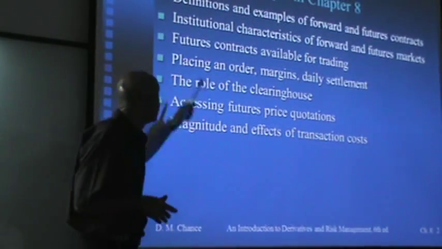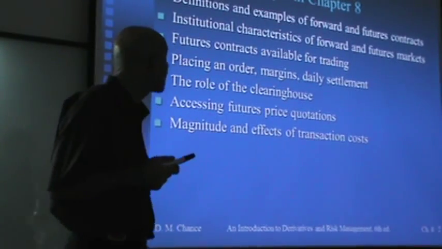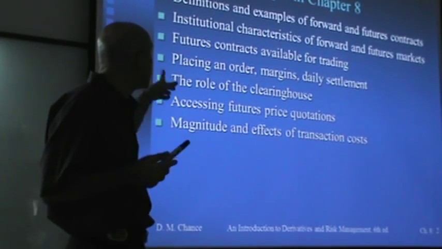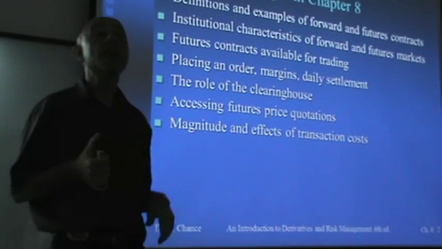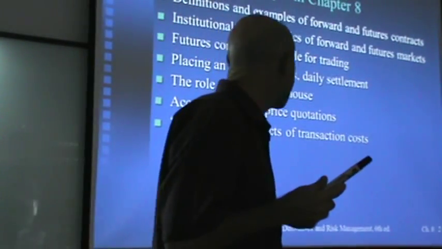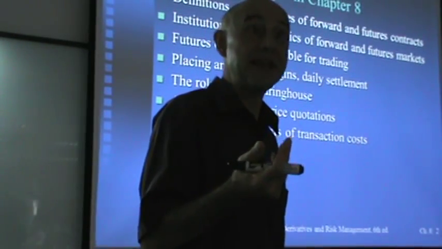A little bit about what are the types of contracts, which futures contracts are available for trading, where and how you place an order, what is the margin, and one of the main concepts today is daily settlement. What is a daily settlement?